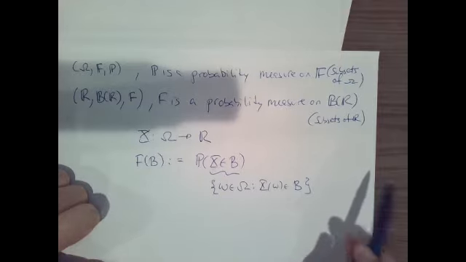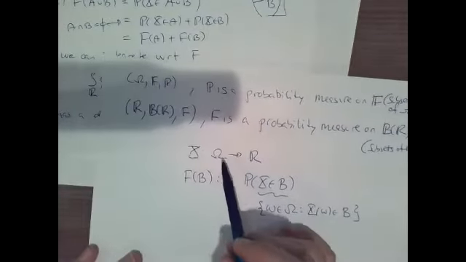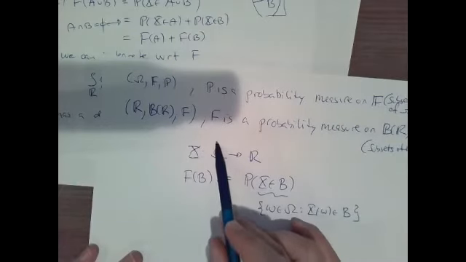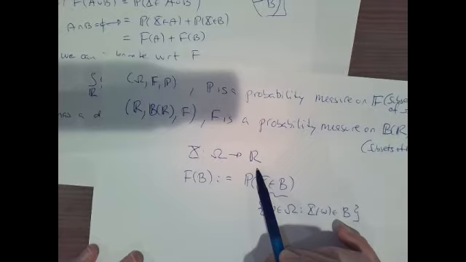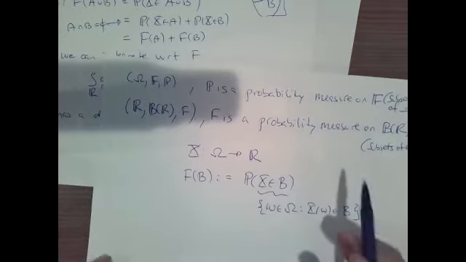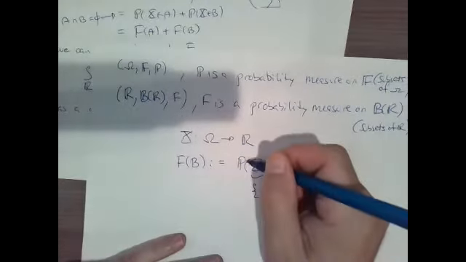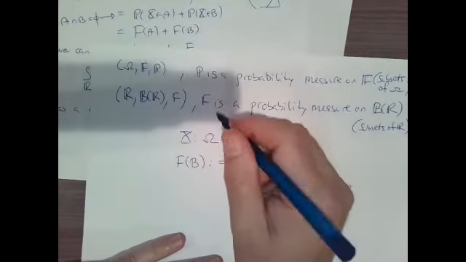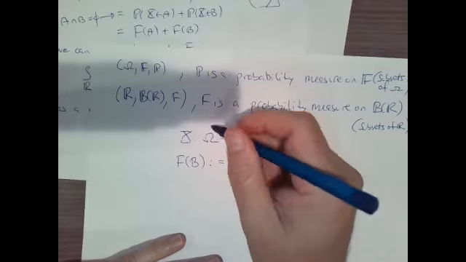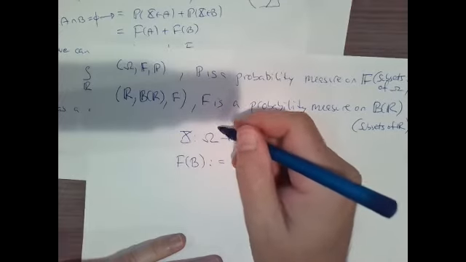Got it. So now what we're trying to do is replace integration over omega with integration over R. The reason we want to do that is because integration over R is something you are familiar with, whereas this abstract integration that we've been doing is new and complicated.